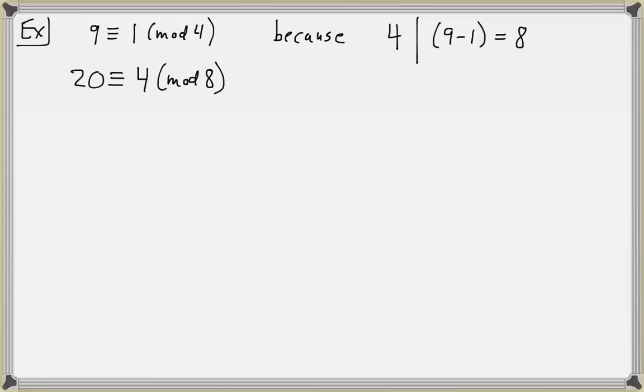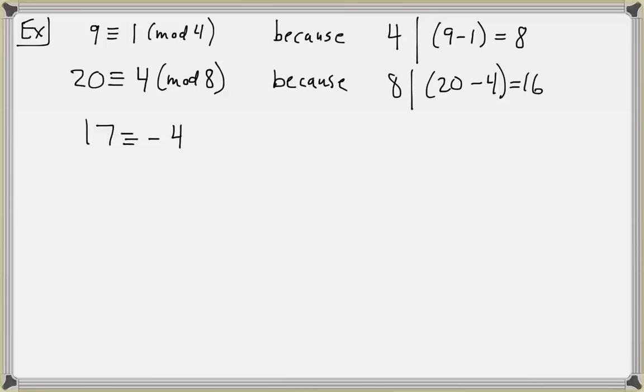You can think of this as 20 is 4 more than a multiple of 8, or using the definition of congruence, 8 divides 20 minus 4, which is 16. 17 is congruent to negative 4 mod 3. Why? Because 3 will divide 17 minus negative 4, which is 21.